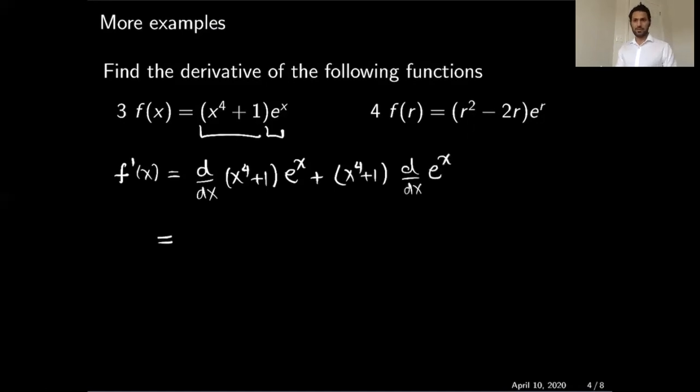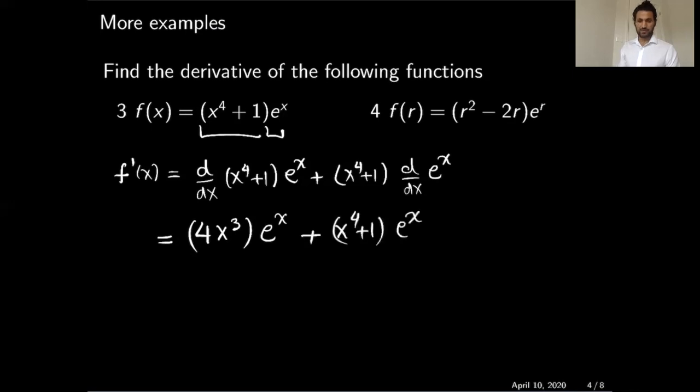Derivative of x to the power 4 plus 1 is 4x cube. This will be multiplied to e to the power x, and derivative of e to the power x is just e to the power x.